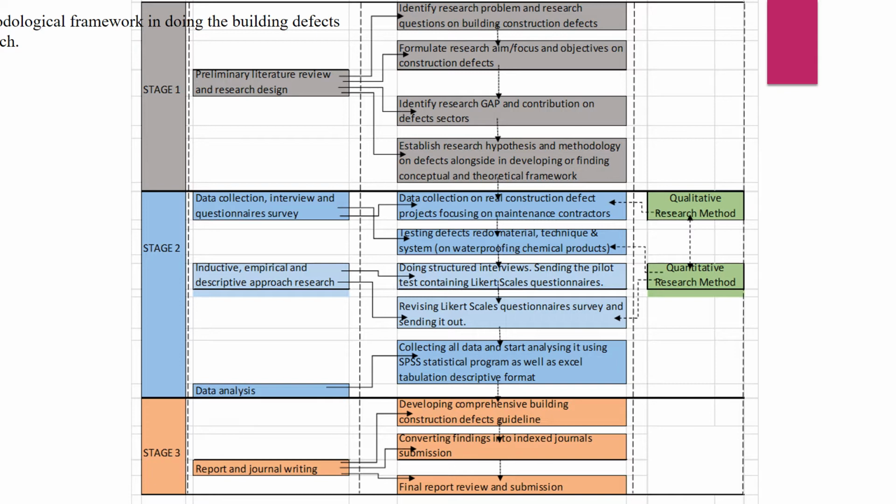Then you interview the experts in the field, and do the pilot test containing a Likert scale questionnaire. Then revise the questionnaire, start collecting the data and analyze it using a statistics program to develop the analysis. The last step is the writing. So it seems like this is a mixed method approach.